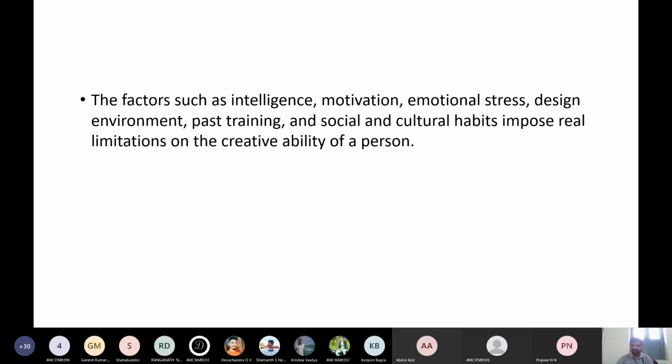Mukesh Ambani is a successful businessman, whereas Anil Ambani has to pay huge loans to most of the banks. He's a defaulter to most of the banks. But social and cultural habits play a very important role. That means the family in which you have been brought up. The family environment also plays a very important role.